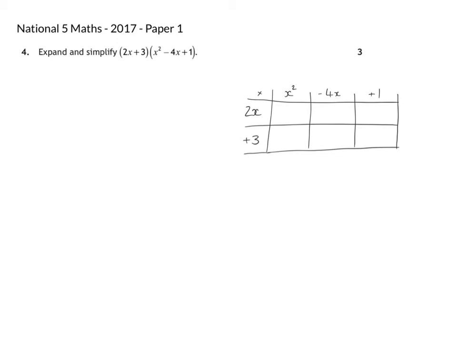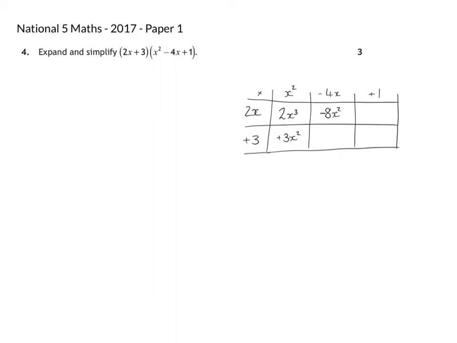So 2x and x squared gives me 2x cubed. I've got 3 and x squared, so I get plus 3x squared. I have 2x and negative 4x, so I'm multiplying those two together and I end up with negative 8x squared.